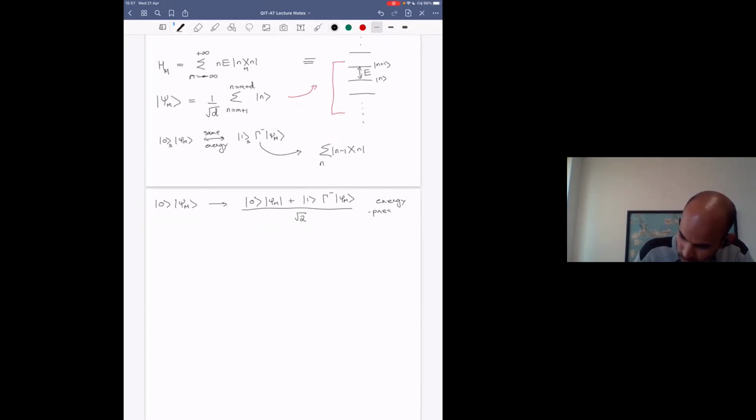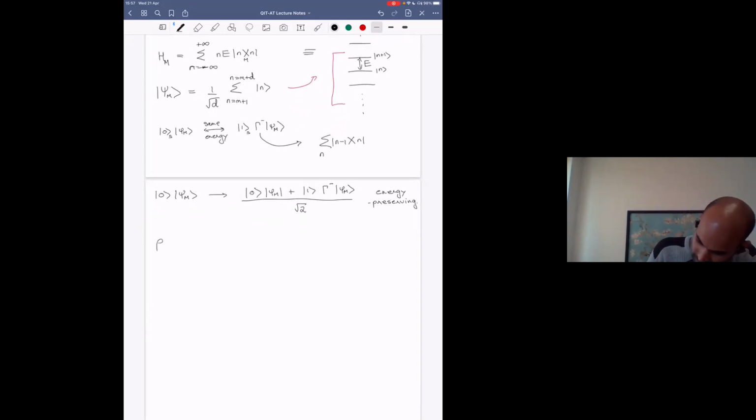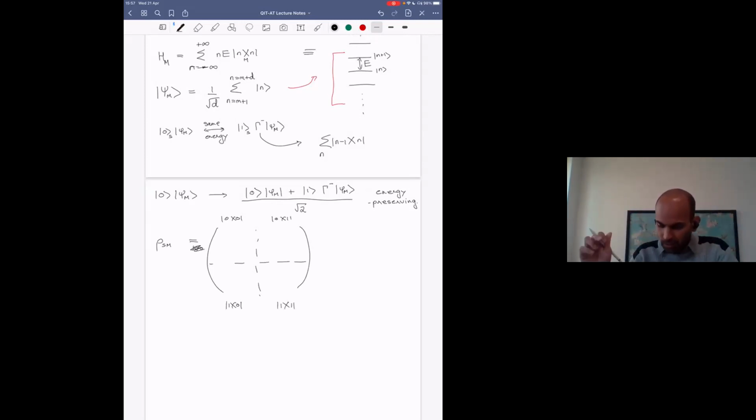Now, at this point, I haven't proven that I have done what I set out to do, because what I set out to do is a unitary on the system, and what I've given you is a joint unitary on the system and the machine. I can write the joint state of the system and machine in block form. This is the 0, 0, 0, 1, 1, 0, and the 1, 1 parts of the density matrix of the full thing.